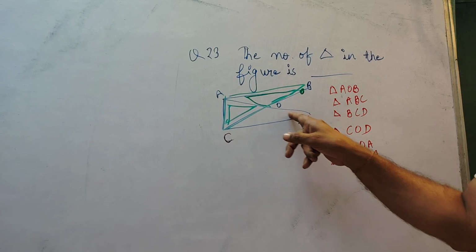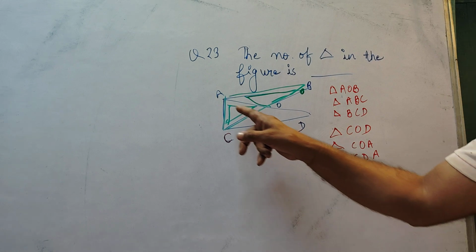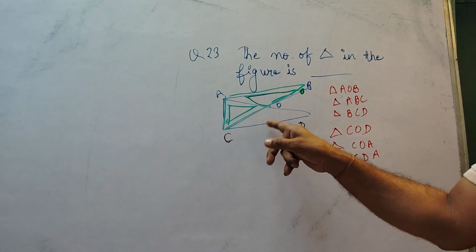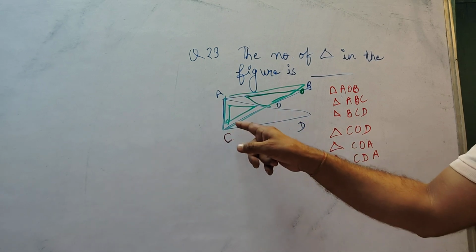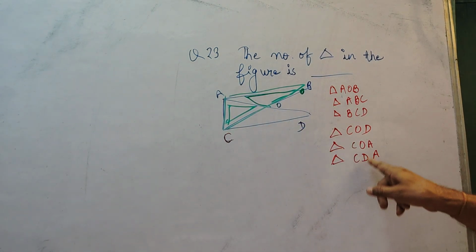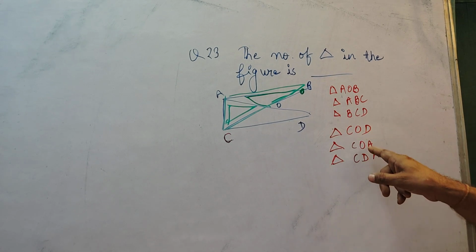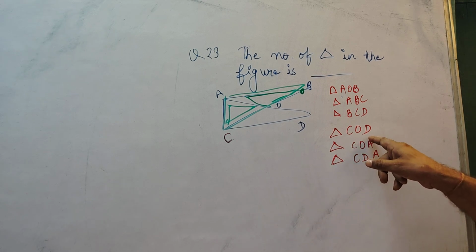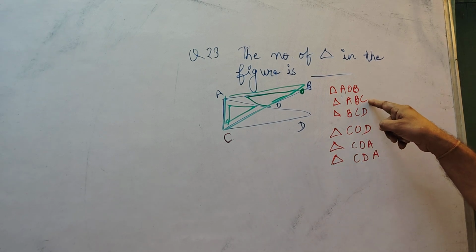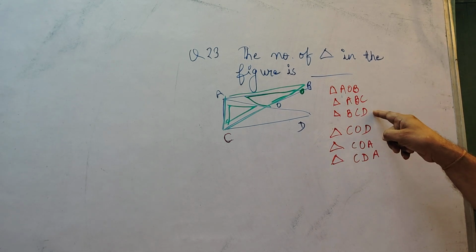Similar to here, on the opposite vertex. CDO and COA. COD, DCA, COA, ABC, AOB, BCD.